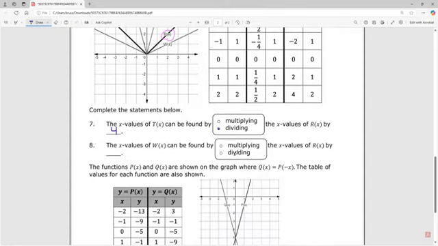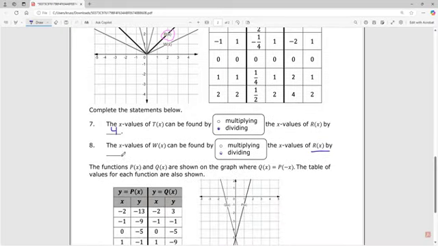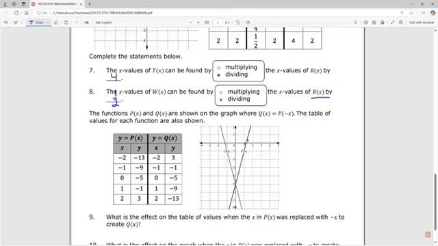The x values of w sub x can be found by dividing by 1/2. So all you have to do is divide by the coefficient, or the a term, right? So this is going to be 1/2. Okay, so just divide by your a term, or your coefficient.